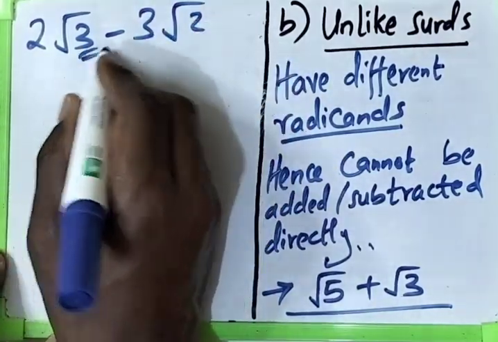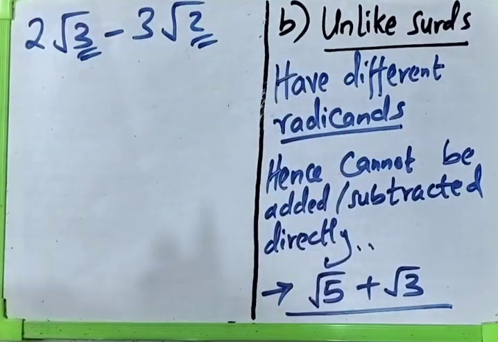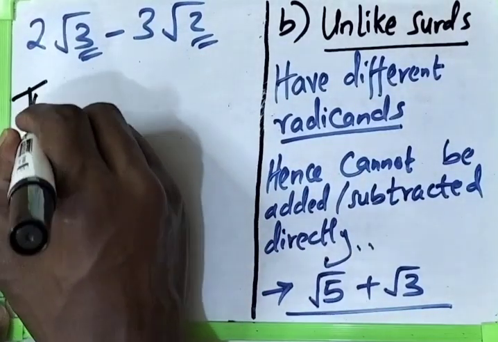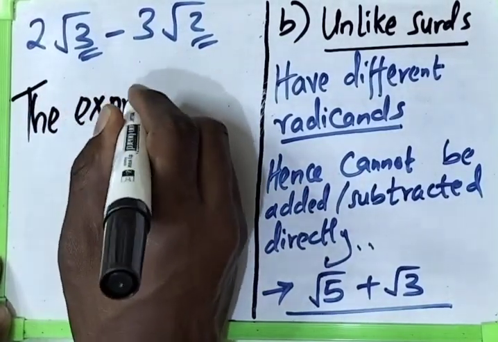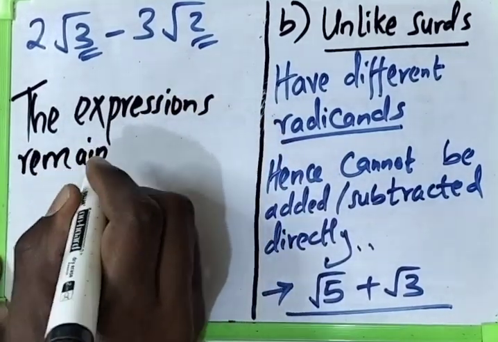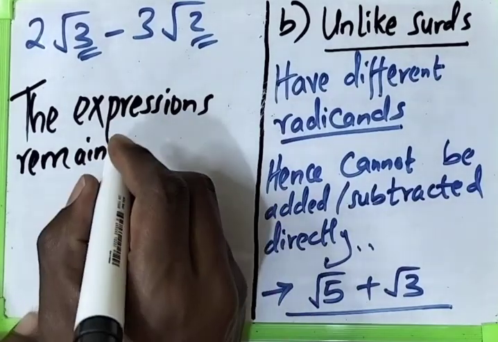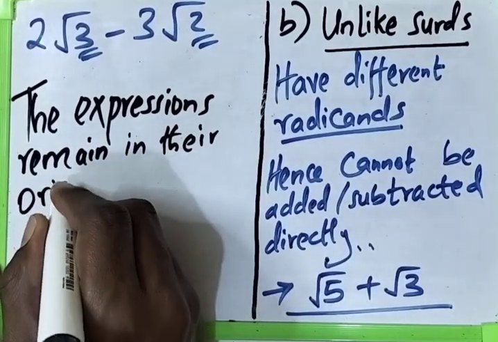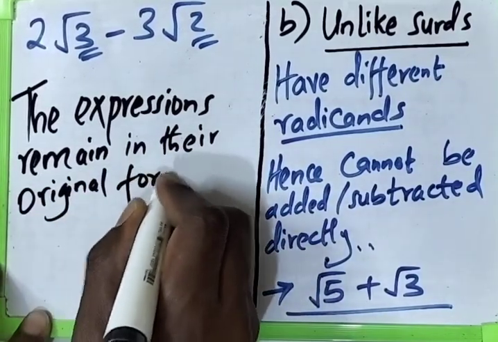As long as they have different radicands, we cannot simplify them further. The expressions remain in their original forms.